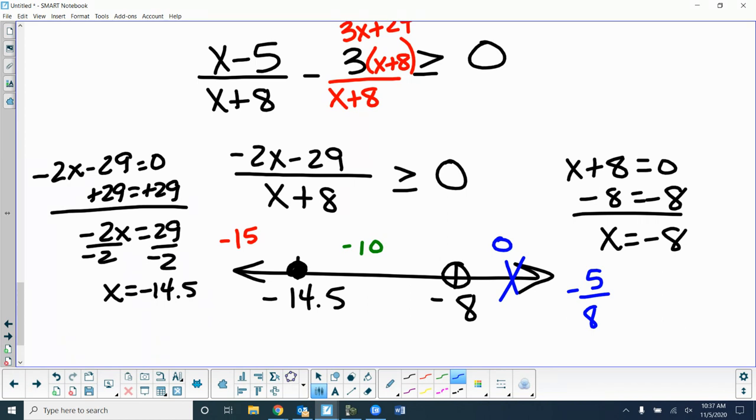Then negative 10 minus 5 is negative 15. And negative 10 plus 8 is negative 2. So that's a positive 7.5. Is that bigger than 3? Yeah. And then negative 15 minus 5 is negative 20.